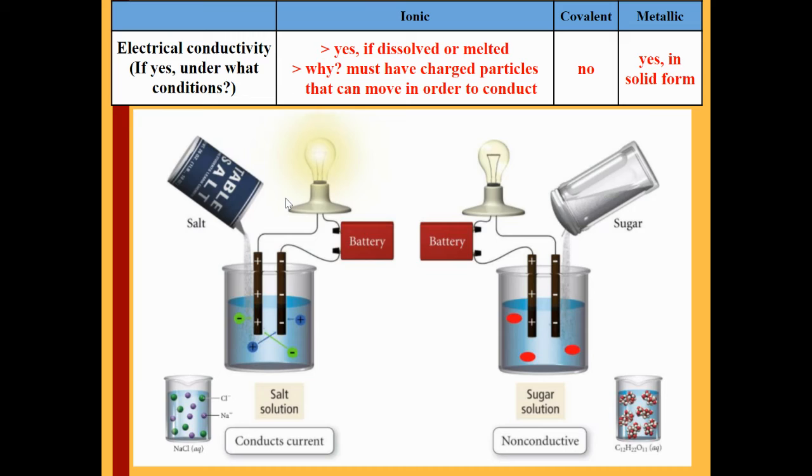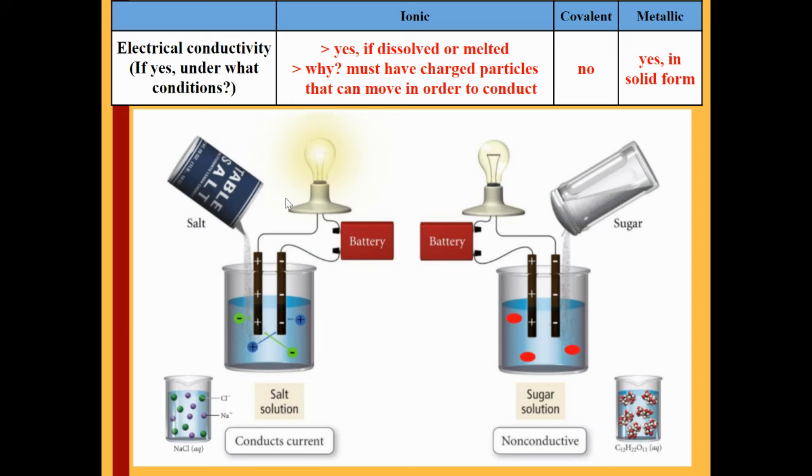Electrical conductivity. Ionic compounds are good conductors of electricity, but only in certain situations. If they are dissolved or melted, the charged particles, those ions, can move around, and that will allow them to conduct electricity. But the charged particles have to be able to move around, so they will not conduct electricity in their solid form.